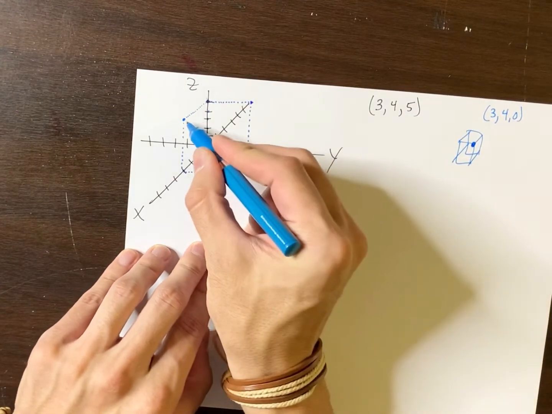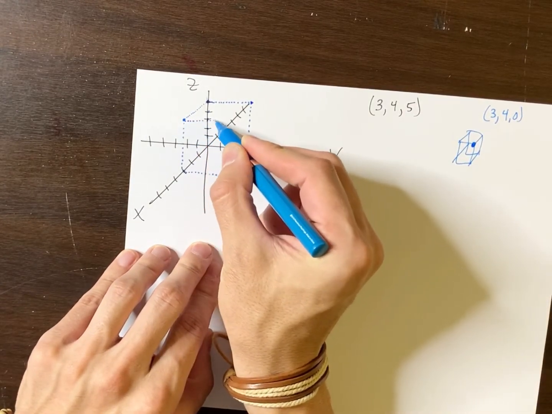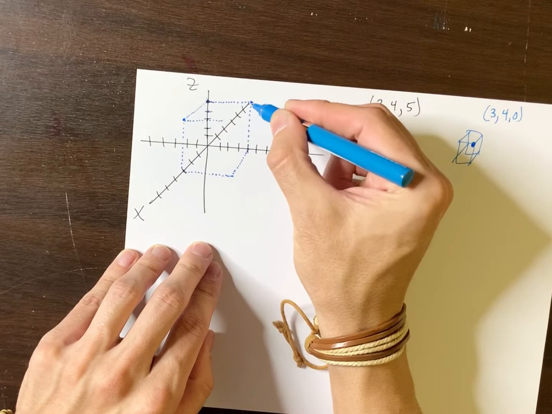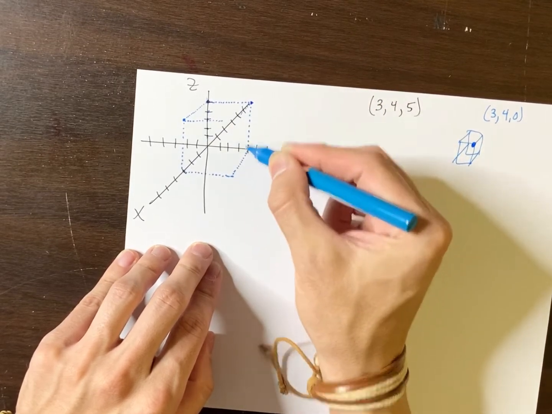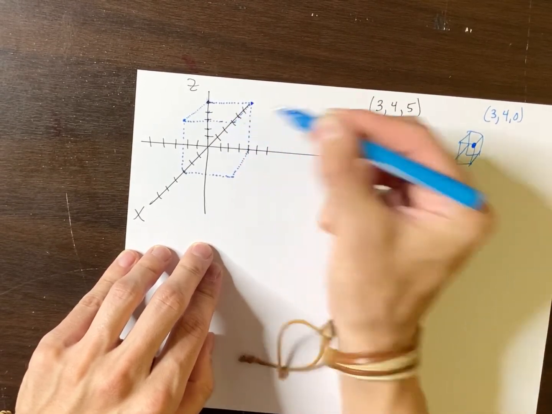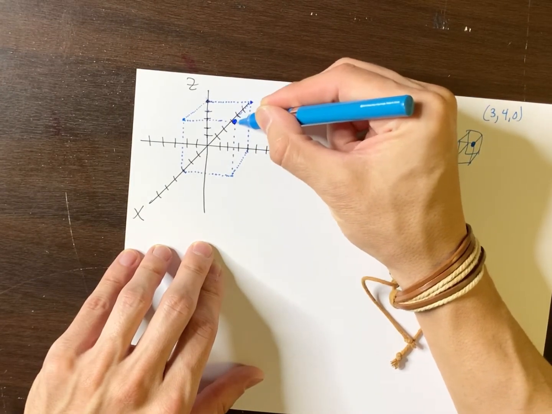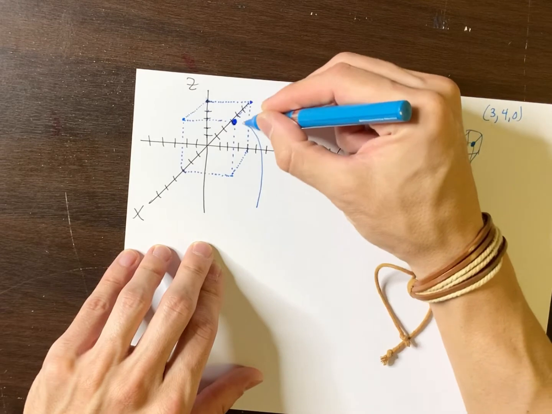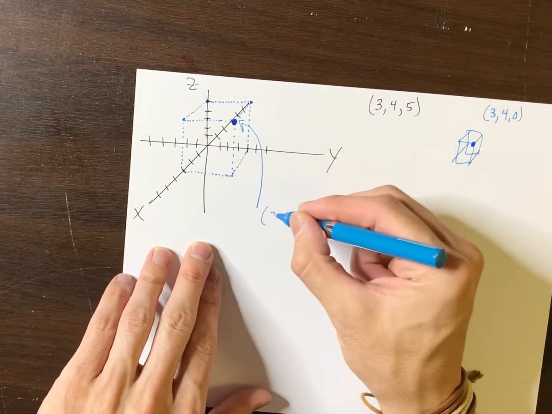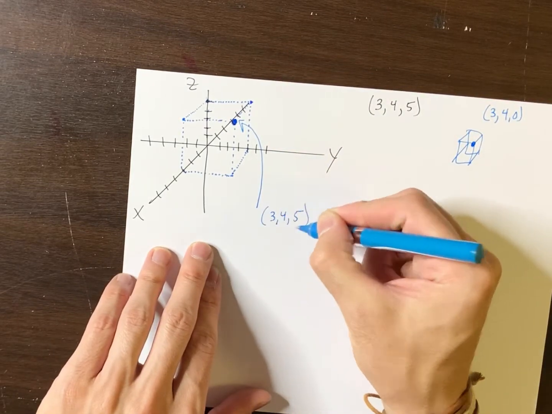And maybe now from here I can go like this, and I'll stop when this one here drawn parallel to this one, they sort of meet right there. And then from here I can go up toward the sky and boom, this point here, that is the one that has coordinates 3, 4, 5.